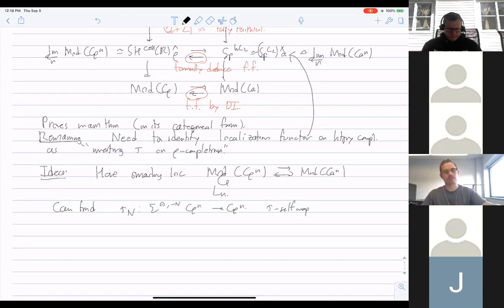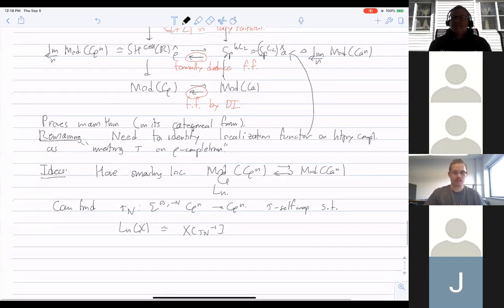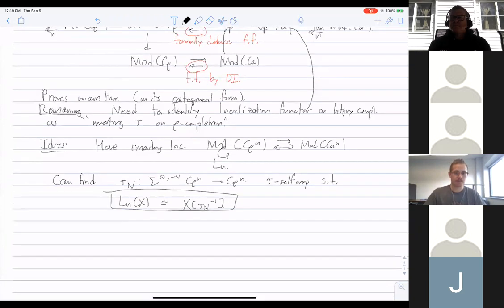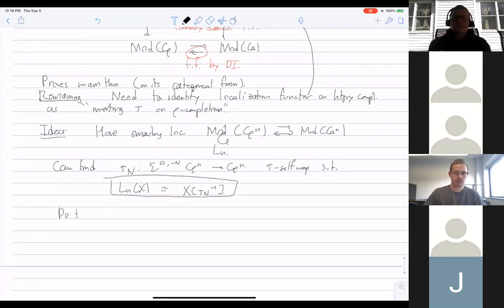In the sense that the Hurewicz homomorphism applied to this yields a power of tau, such that the localization endofunctor Ln applied to x is computed by inverting that element tau sub n, because I have the element tau sub n on the cofiber of rho to the n. So I have it on any module.